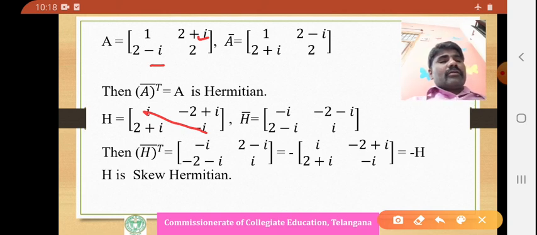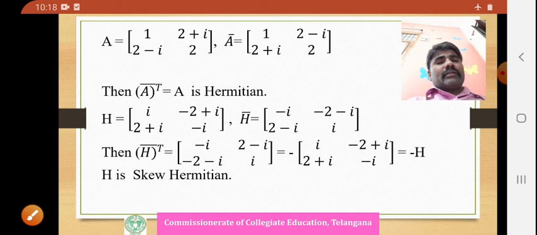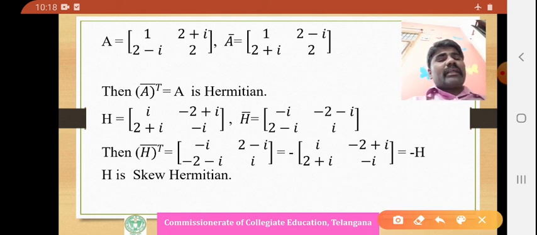And the elements other than the diagonal, the elements in the places Aij and Aji differ in the sign of the real part, that is -2 and +2. In the earlier case, they differ in the sign of the imaginary part.